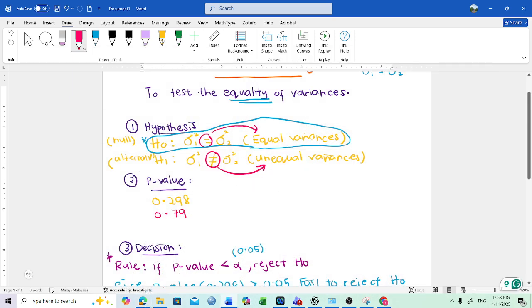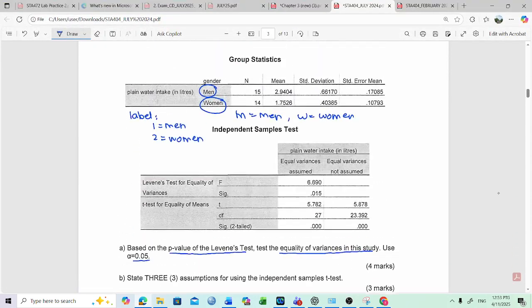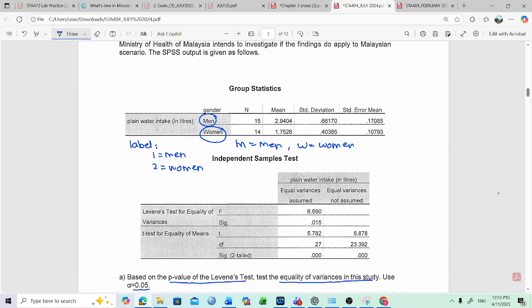The hypothesis, what should I write? For example, hypothesis: we have the null and the alternative.